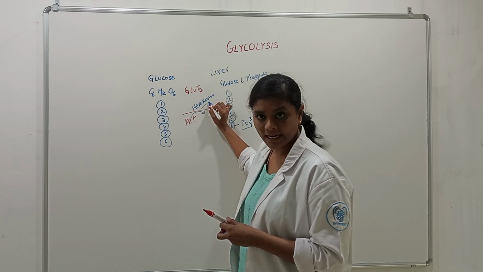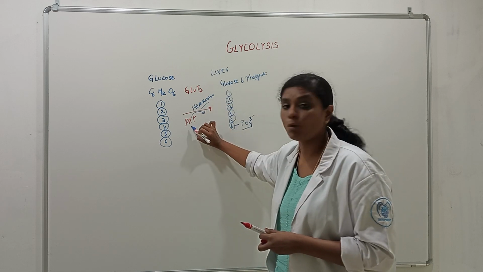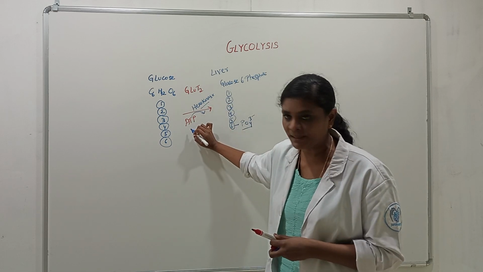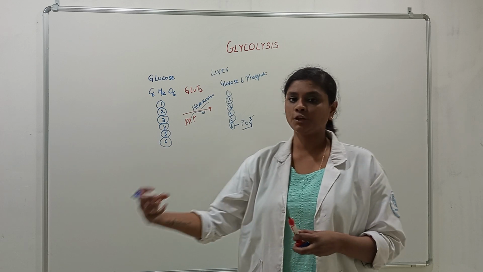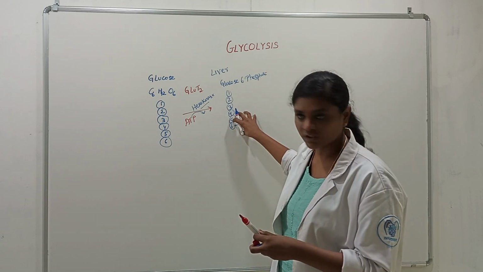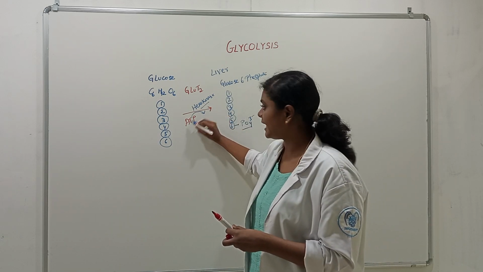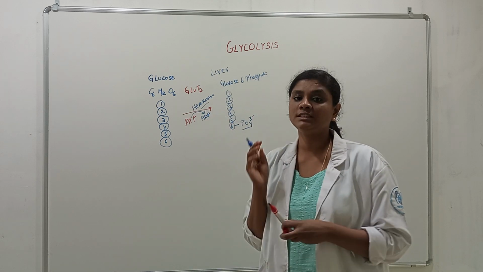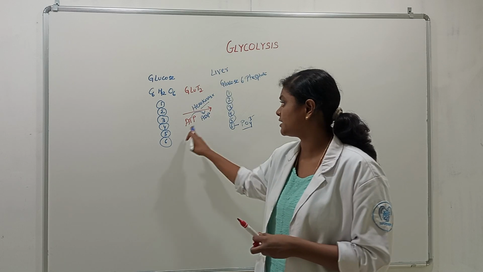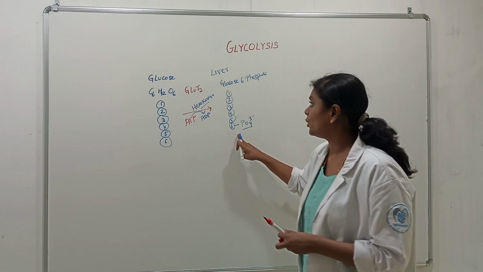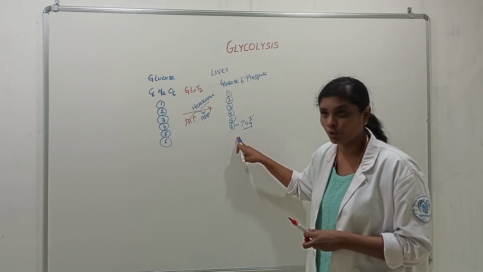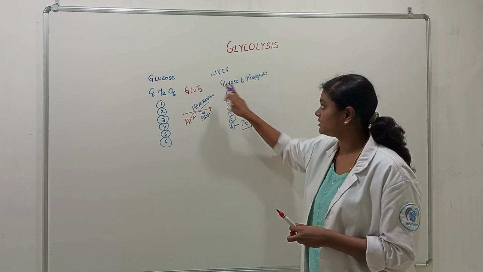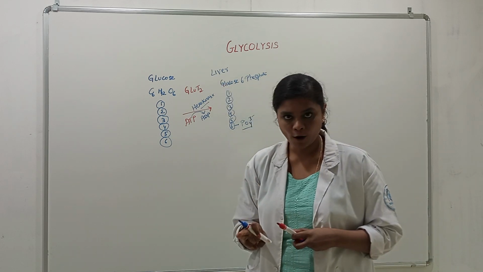This hexokinase enzyme will act upon circulating ATP and take a phosphate group and give it to the glucose. And therefore, the ATP is getting converted into ADP, adenosine diphosphate, 2 phosphates. Where is the other phosphate going? It is going and attaching to the glucose molecule. That's how glucose 6-phosphate is formed.